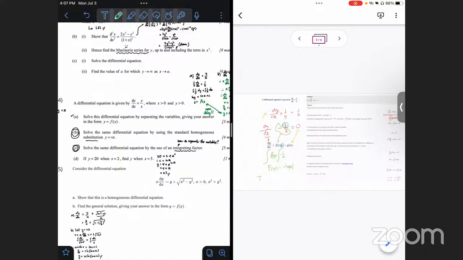IF will be equal to e to the minus ln x, which equals, surprisingly, minus x. Wait, let me think. Am I getting it correct? No, wrong, that's not minus x. It'll be equal to e to the ln x to the power of minus 1, which equals x to the minus 1, which equals 1 over x. There, I have my integrating factor.